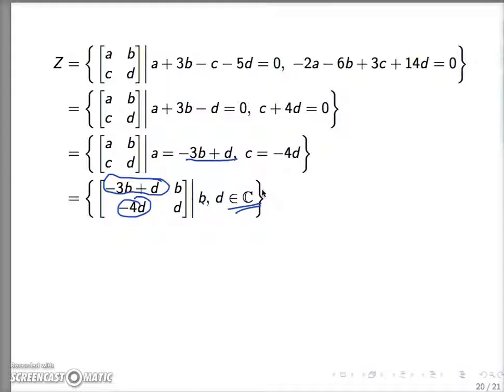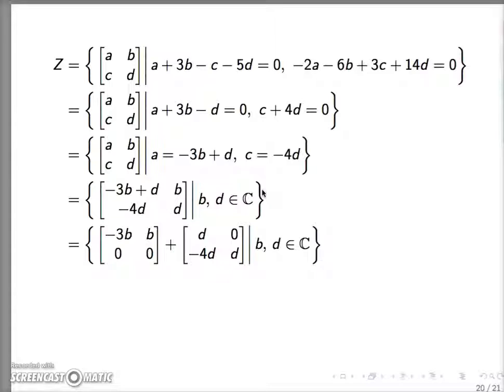And so what we do next is that we can write that matrix as the sum of two matrices. The first matrix only involves the letter B, one of the free variables, and the second only involves the other free variable.